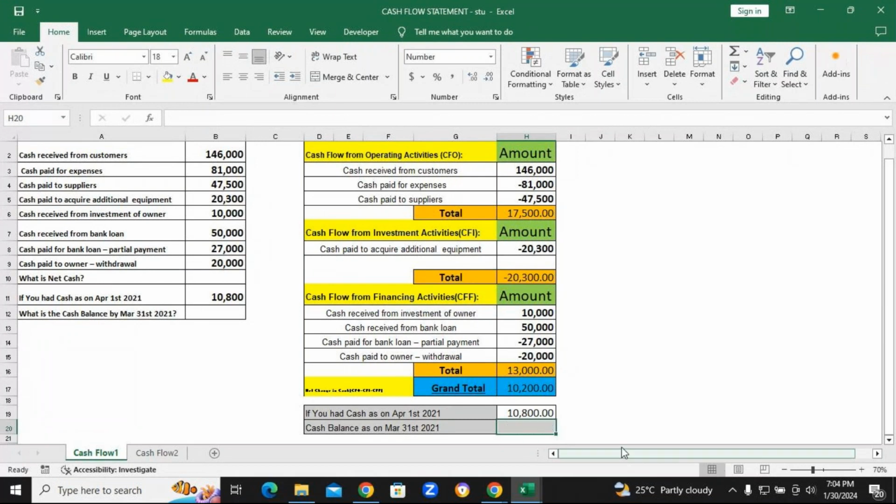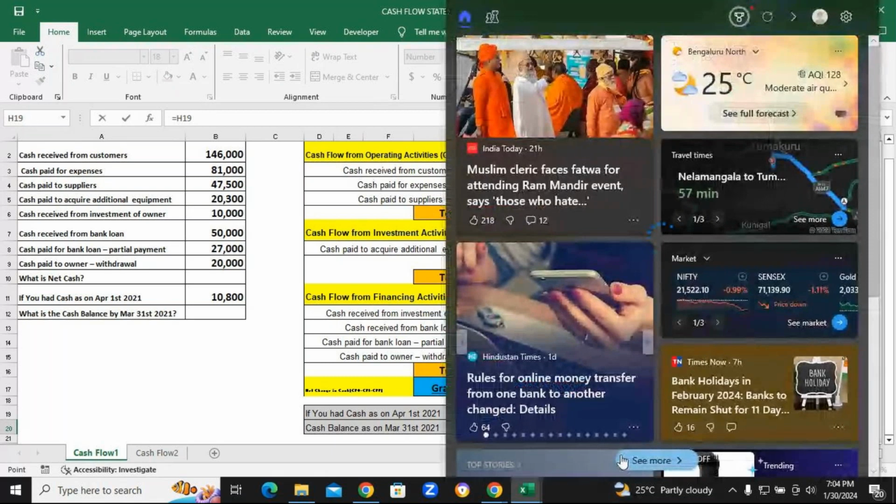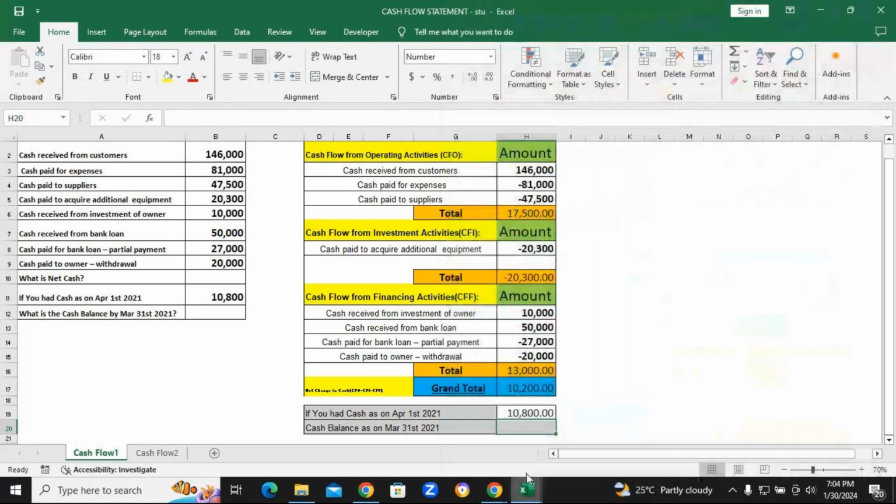It is just equals: cash at the beginning of the financial year plus the net change. So after all the activities, whatever amount is left with me, plus the cash I had at the beginning of the financial year, that amount I need to add. Okay, thank you.